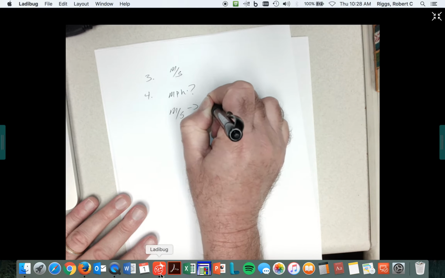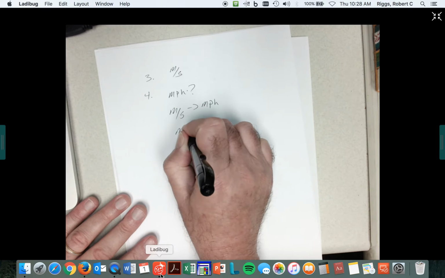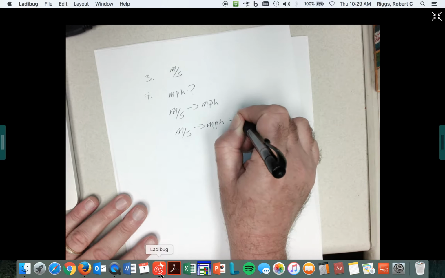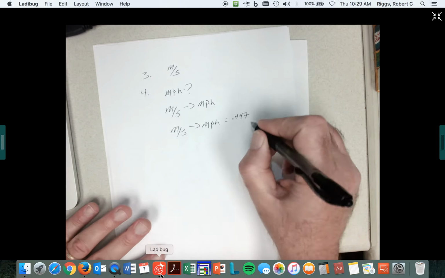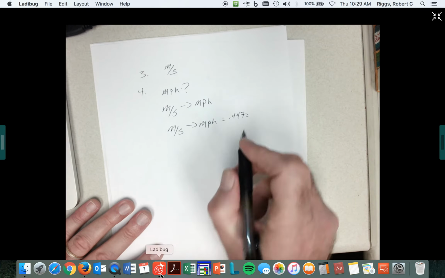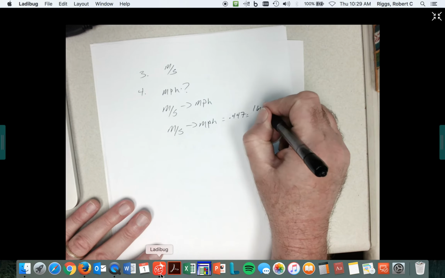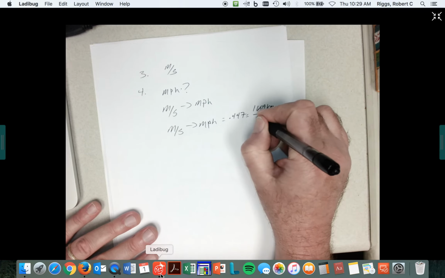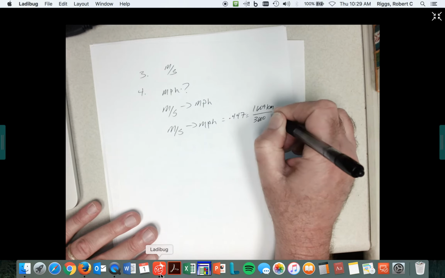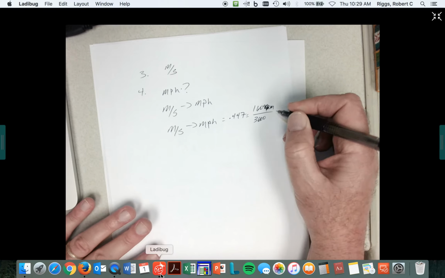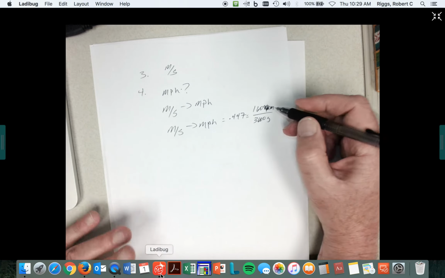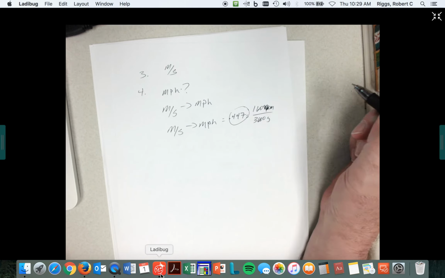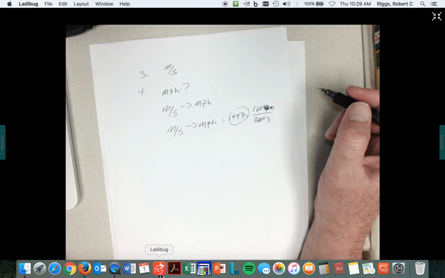Well, we already found our factor, 0.447, and I've got to show you where we got that. We got it from the 1,609 meters in a mile, divided by the 3,600 seconds. So we get meters over seconds, and that came out to be 0.447.